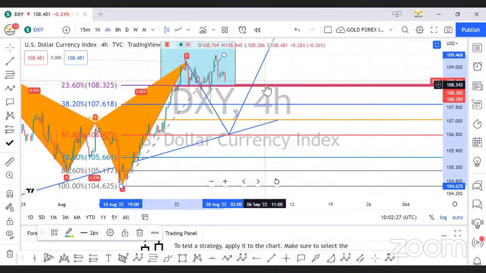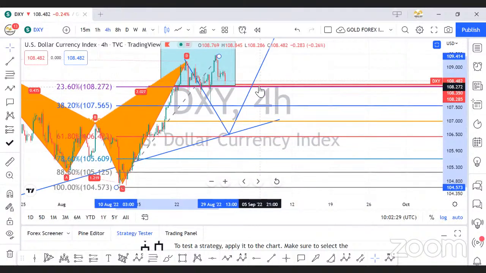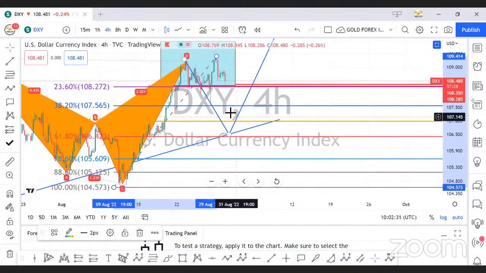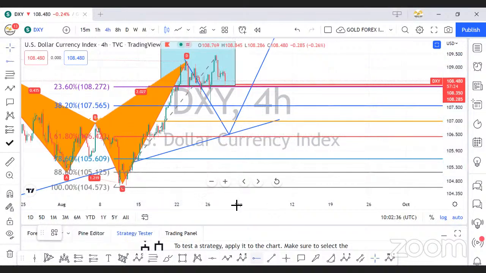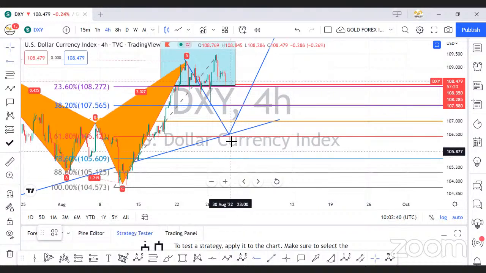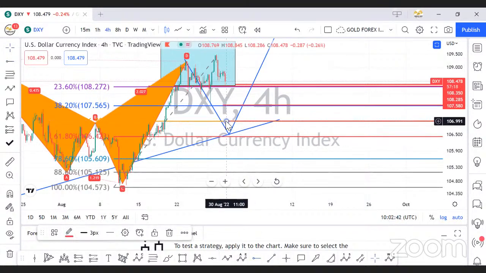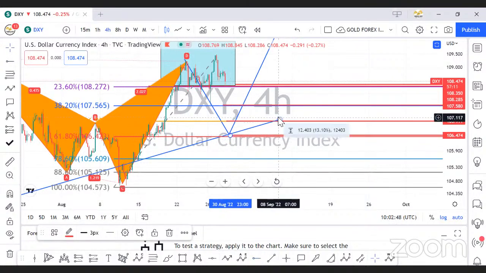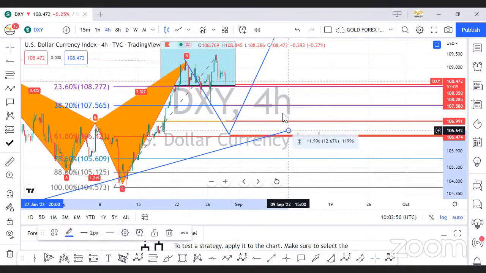It didn't touch, so I'm expecting it to come back. It should come back to this level or this level. So let's look out for this level or this level. Between these levels, 38 to 61.8, we should see some drop off at these levels. Then we could see the buy continue all the way.